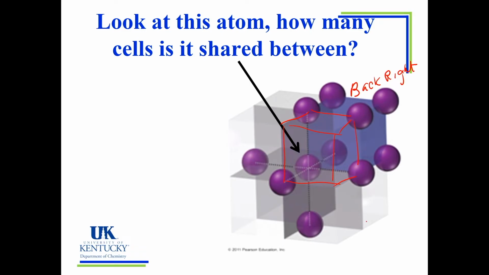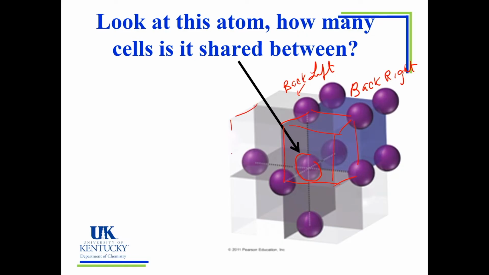Would you agree that that atom is both in the back one as well as the one in front? There's also one over here which is in the back left. That atom is being shared in that unit cell.